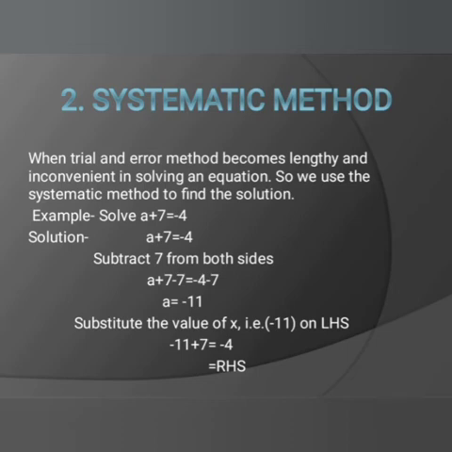So the value of a is minus 11. Now let us recheck this question. Substitute the value of a, that is minus 11, on the left hand side, that is LHS. Minus 11 plus 7 is equal to minus 4. That means here left hand side is equal to right hand side. That means the systematic method has solved it over here.